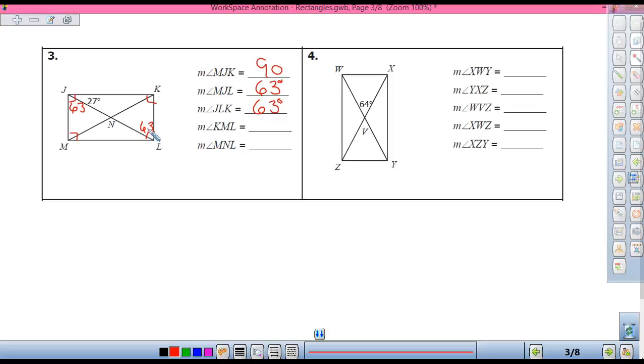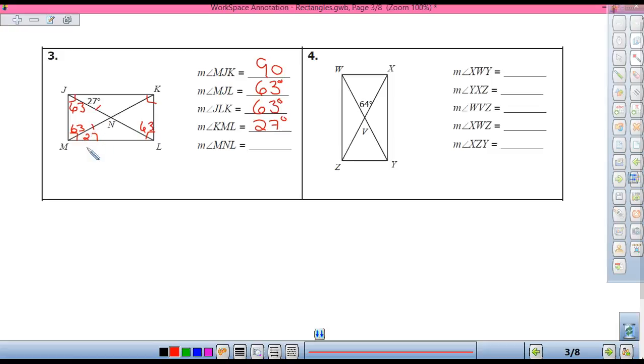KML. You're going with 27? How'd you get that? If this is 63, what's this have to be? 63, because we've got the isosceles triangle. If that's 63, this has to be 27.